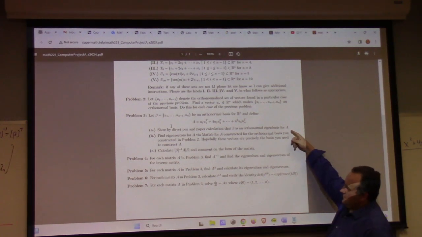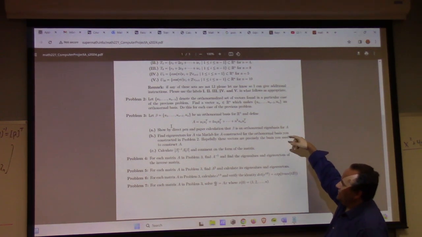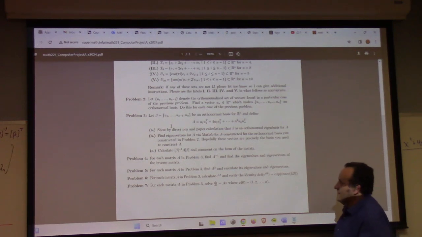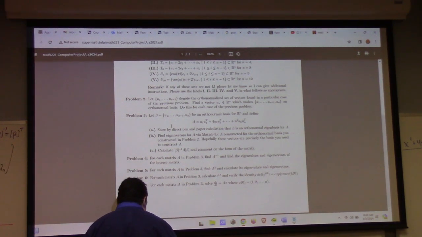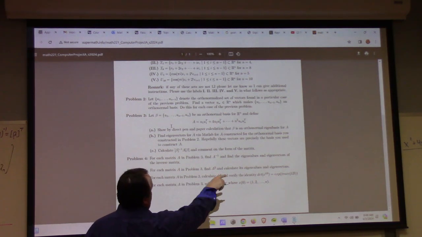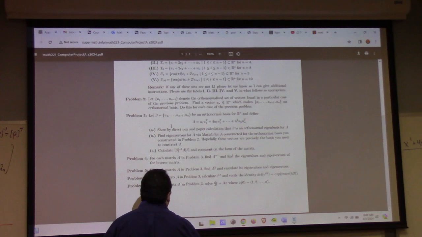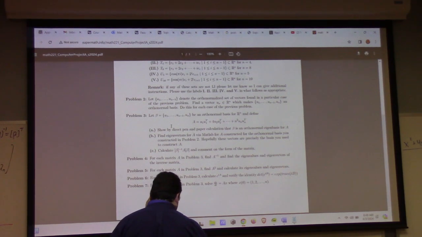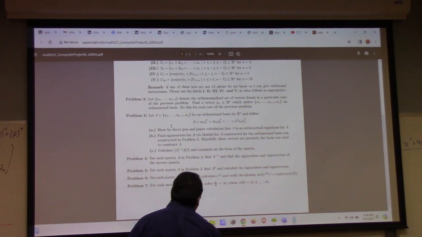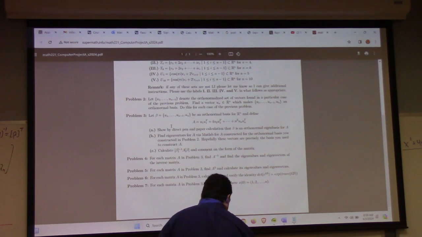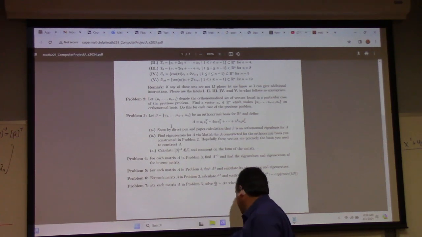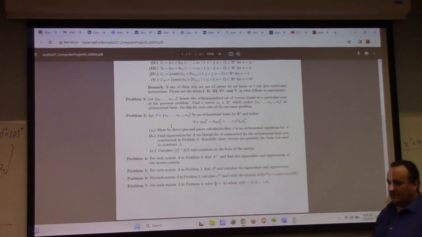I said by direct pen and paper calculation, so what do I mean by that? I literally mean just take A and multiply it by U1. What happens when we multiply this by U1, just to get you started?